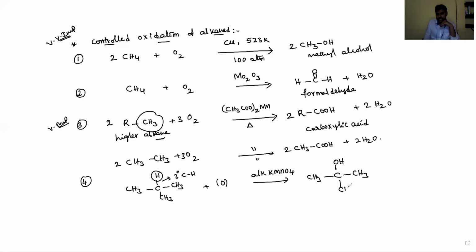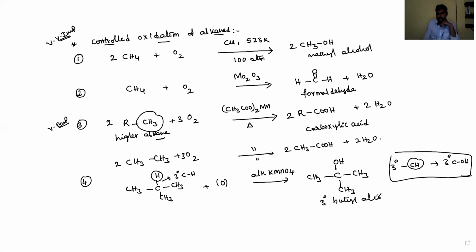The tertiary CH group is oxidized into tertiary alcohol in the presence of KMnO4. Okay, Bayer's reagent. So this is known as tertiary butyl alcohol. So isobutane on oxidation in the presence of alkaline KMnO4 forms tertiary butyl alcohol.